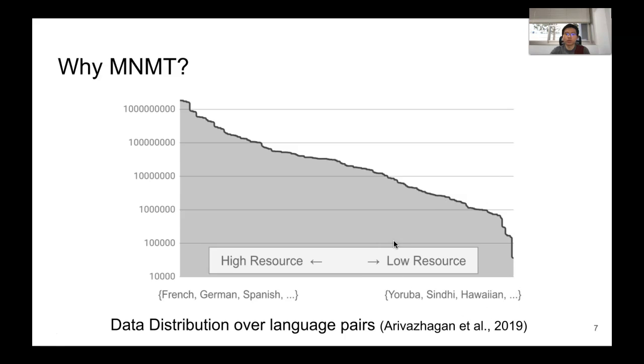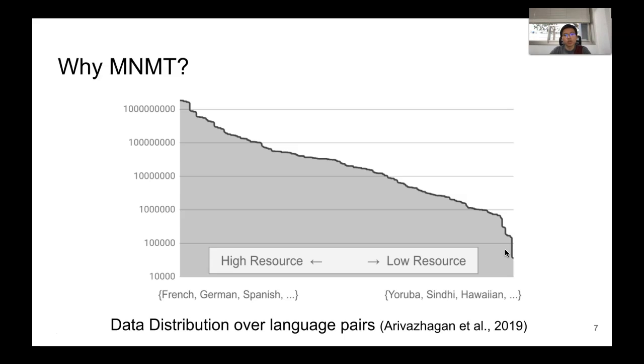For these low-resource languages, such as Yoruba, Sindhi, or Hawaiian, some of the language pairs even have less than 100,000 parallel sentence pairs. Even if Google crawls all the web to collect parallel sentences, you cannot get many parallel sentences.